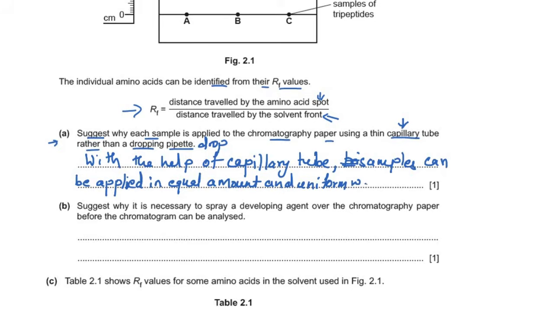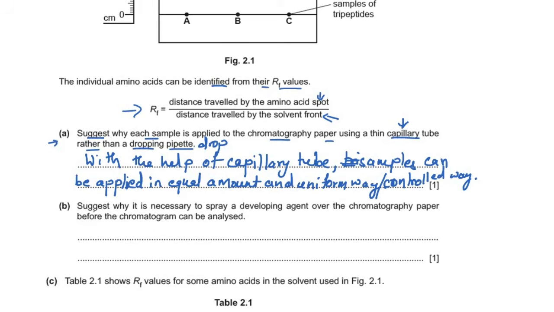Now in the MS it might be written in short that it can be applied in a controlled way. Whatever we have written here means the same, so it's not necessary that your answer should be exactly the way it is written in the MS. Controlled way means the droplets of the tripeptides can be applied in a uniform way and in equal amount.